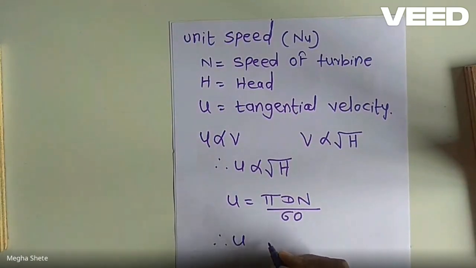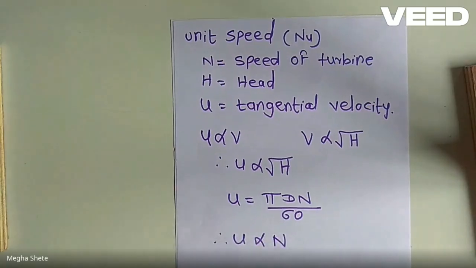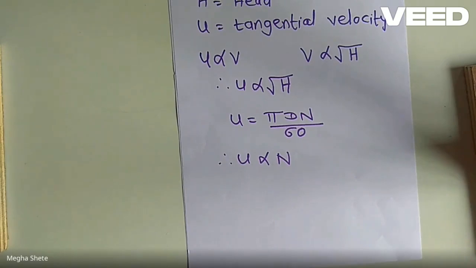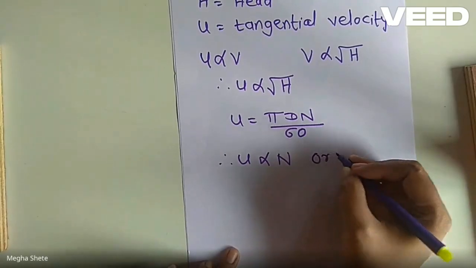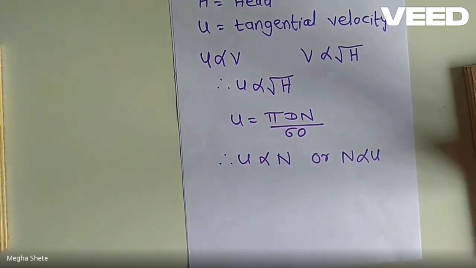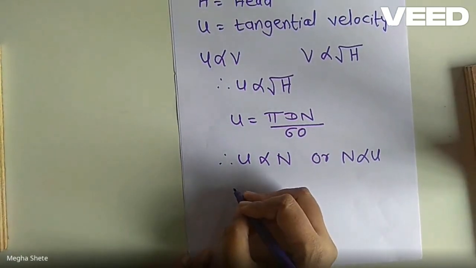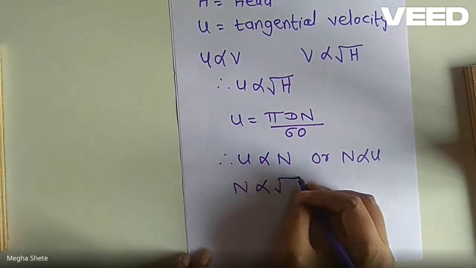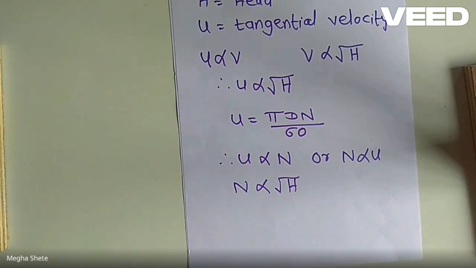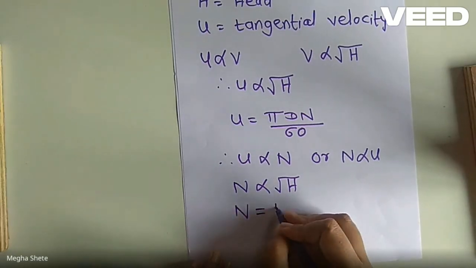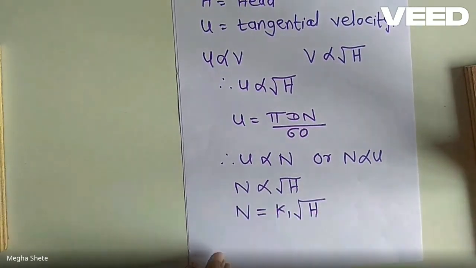Therefore, U is proportional to capital N, or we can write it as N is proportional to U. N is proportional to U, or we can write it as speed is proportional to square root of H. Now, N is equal to K1 into square root of H, where K1 is the constant of proportionality.